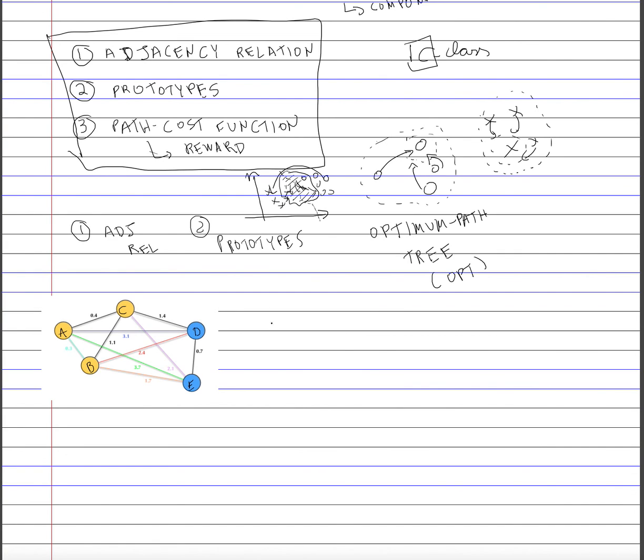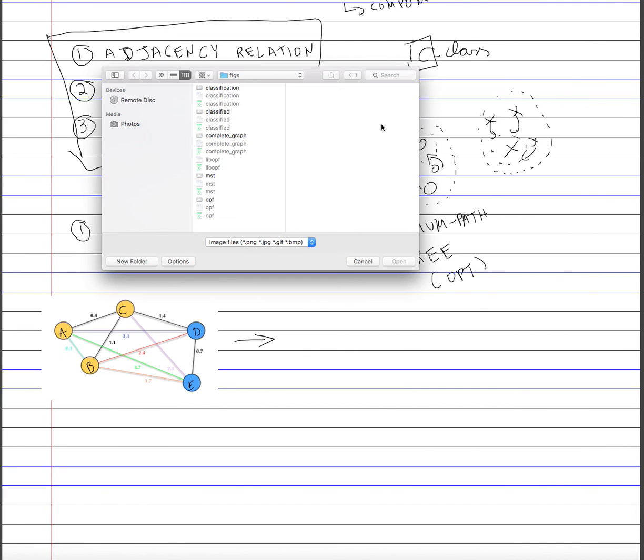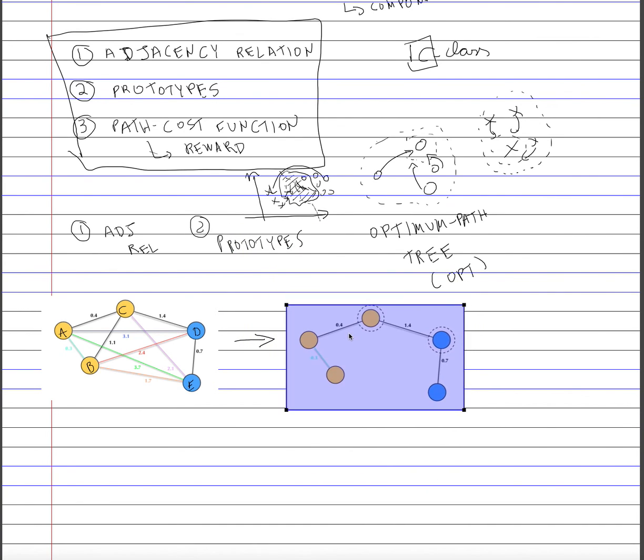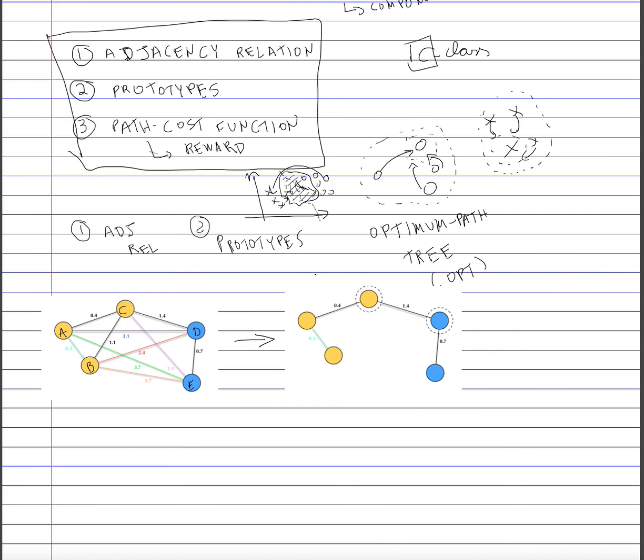So basically, after we create the adjacency relation of the graph, we have to choose the prototypes, and as I told you, we are trying to protect the boundary of the classes. Which means we're going to choose as prototypes the nearest samples from different classes, okay?